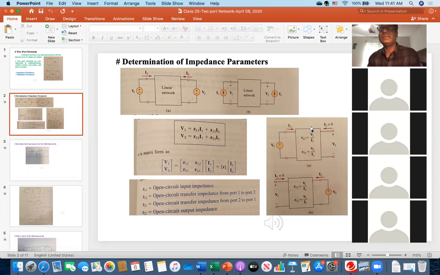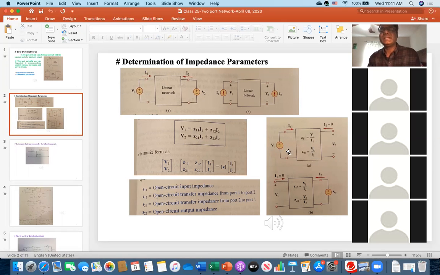Because the right side is open, I2 equal to 0. You put I2 equal to 0 in both equations, so what are you getting? Z11 equal to V1 over I1, because I2 is 0, so this term becomes 0. So Z11 is V1 over I1. Similarly, from the next equation, because I2 is 0, Z21 equal to V2 over I1.